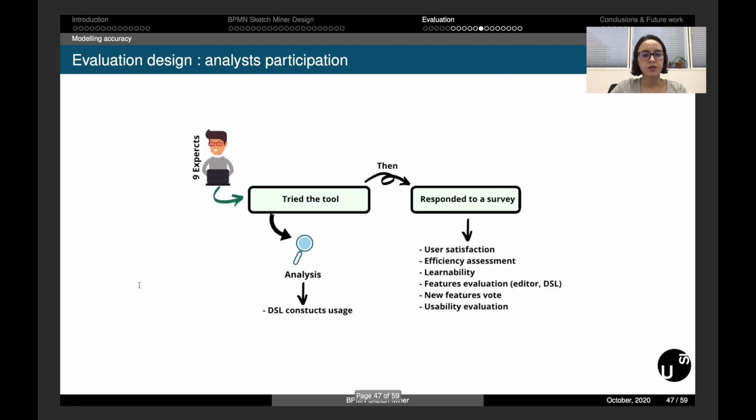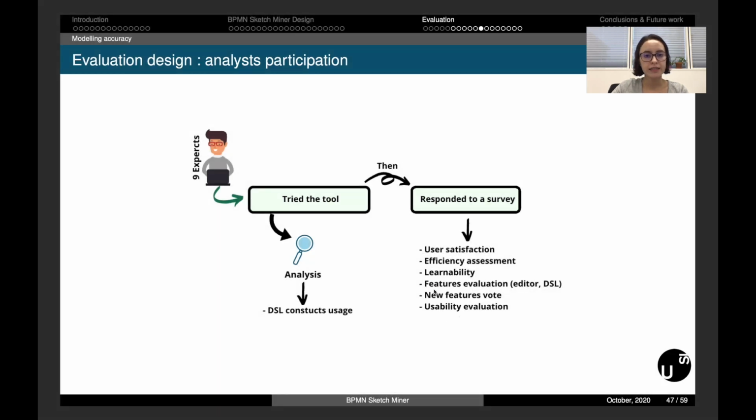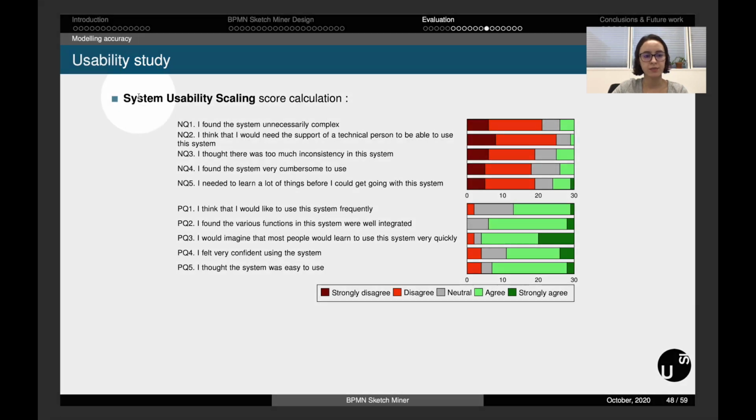Regarding the experts, they tried our tool. We also analyzed the DSL usage, the constructs usage of their inputs, and they responded to the survey in order to provide us the same information as for the students. For assessing the usability of the tool, we followed a method called the System Usability Scale, which allowed us to calculate a specific score that reflects the usability of the tool.